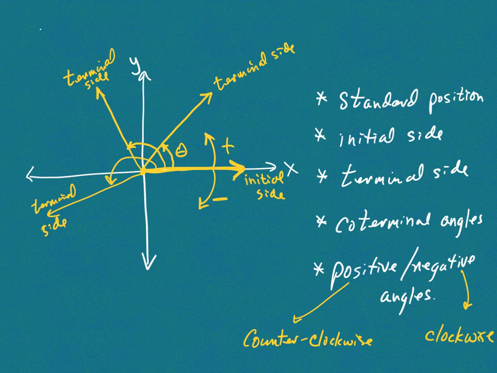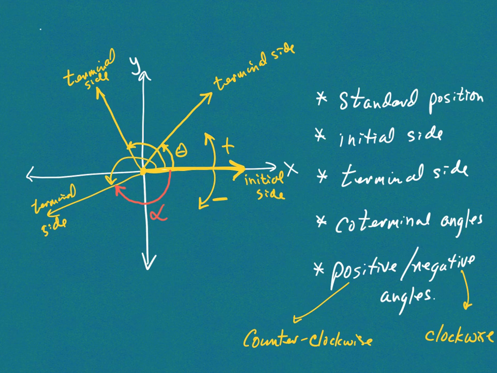And then the definition that I skipped is coterminal angles. What that means is we just have two angles where the terminal side ends up in the same spot. The easiest way to see that is to look at something like this, a positive and negative angle that end up in the same spot. As an example, if I were to start an angle on the positive half of the x-axis, I'll do this one in red so it sticks out, and I stop it right there, but instead of calling it theta, let's call it alpha.